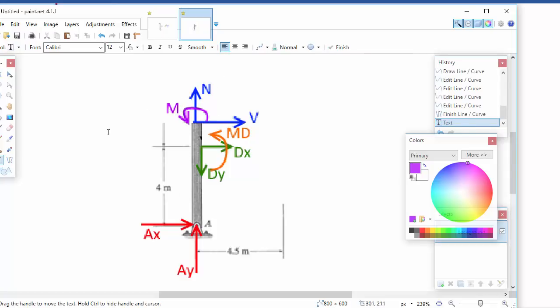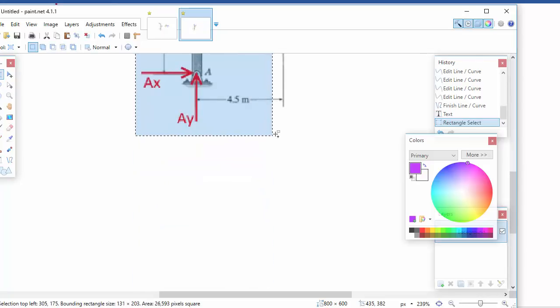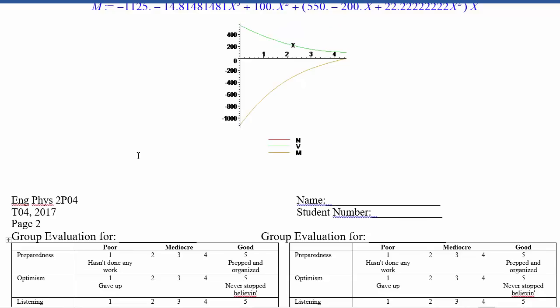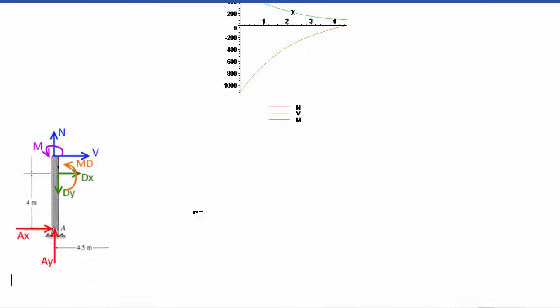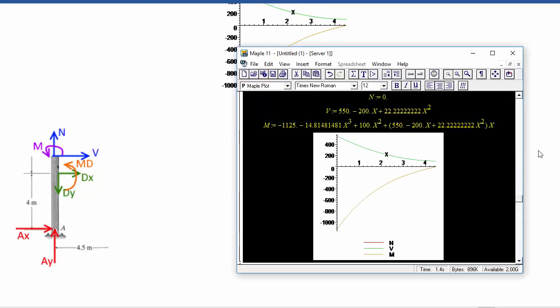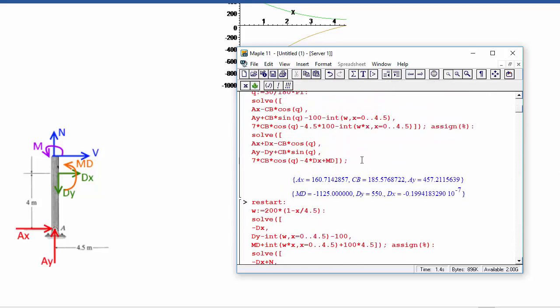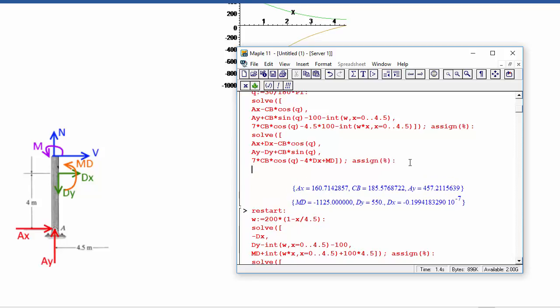Okay. So if we take this piece and assert that it's in equilibrium from the AX and the AY and the DY, DX, and MD that we've got, working now in the other part of the code here, we can get what the M, V, and N have to be for this part.